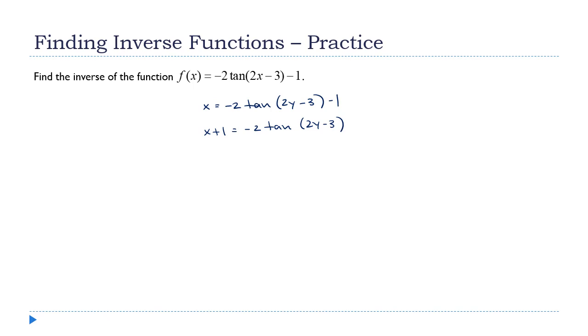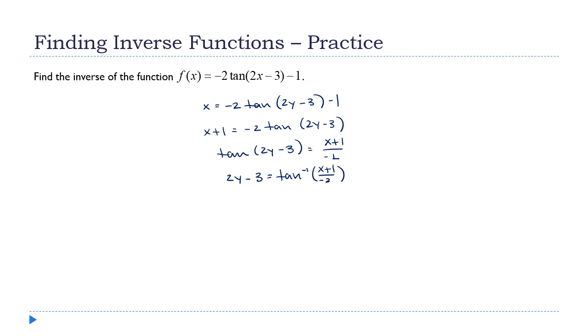Divide by negative 2: tangent of 2y minus 3 equals x plus 1 divided by negative 2. And now here's the inverse step. Take the inverse tangent of both sides. That gets rid of the tangent on the left. 2y minus 3 equals inverse tangent of x plus 1 over negative 2.